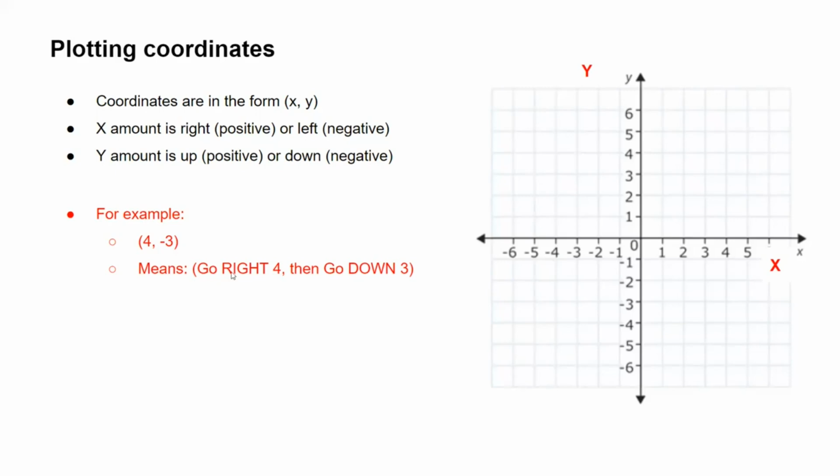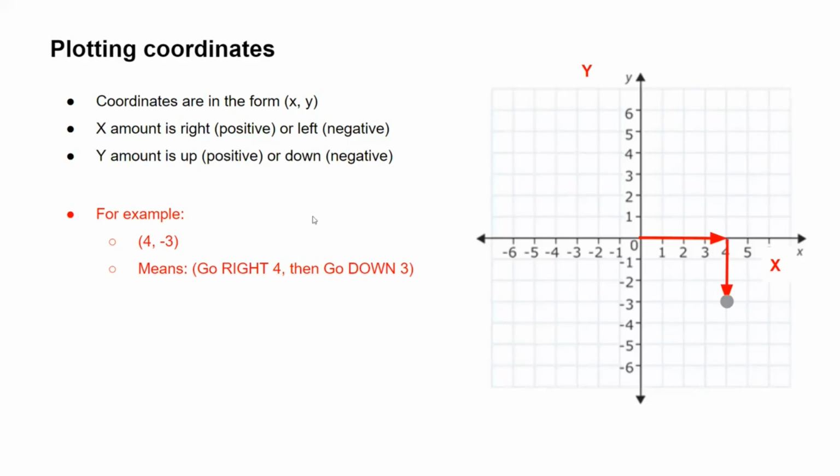That tells us to go right. -3 means go down 3. So we want to do these sequentially. We want to go right 4 first and then down 3 next. This is how that looks. We're going to go right 4, and then we're going to go down 3. And there is our coordinate. That is where we would plot (4, -3).